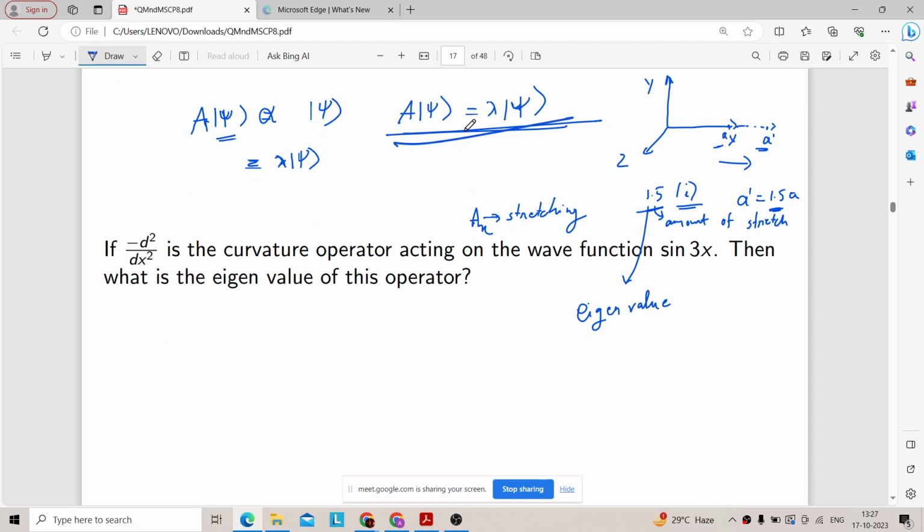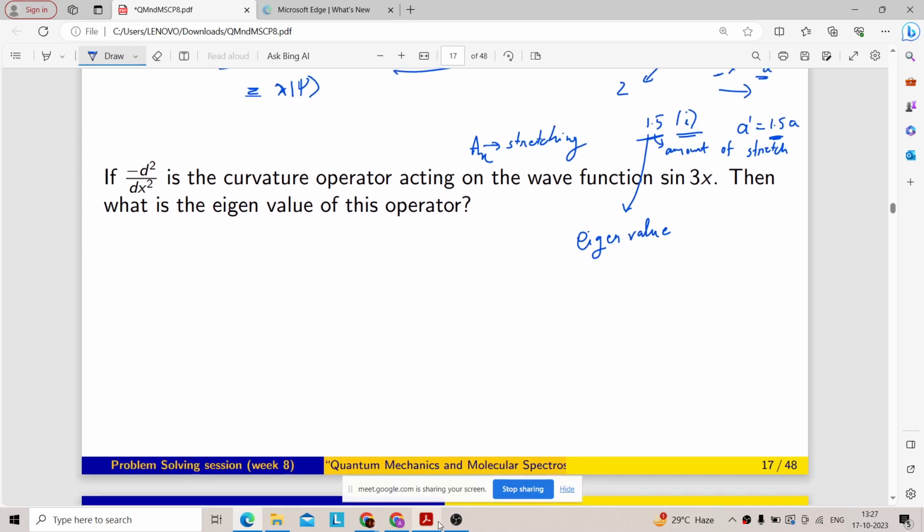So you can apply this eigenvalue equation. What is the operator? Here the operator A is minus d square over dx square, and the state psi is sine 3x. Now if I operate A on psi, what will I get?